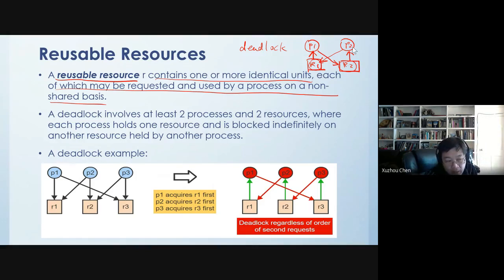If process 1 never gives up resource 1 and process 2 never gives up resource 2, both processes will be in the situation that they cannot continue. So that's a deadlock, the simplest case involving 2 resources and 2 processes. Are there any questions?